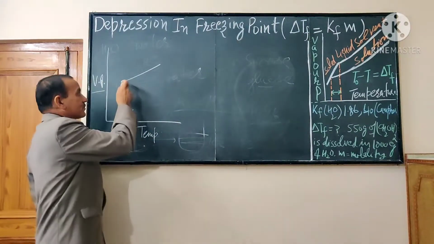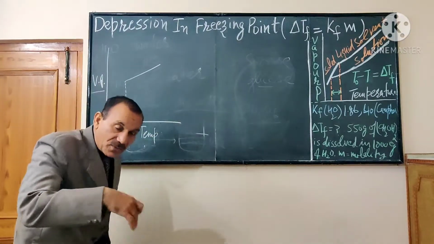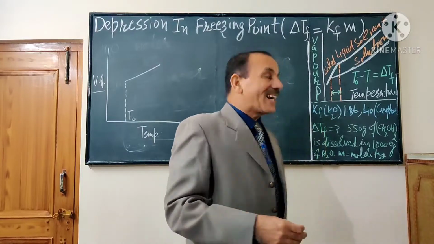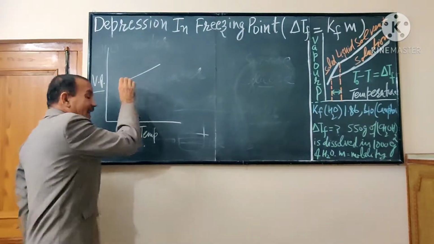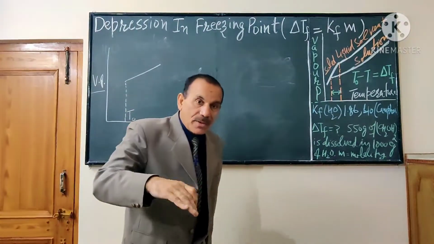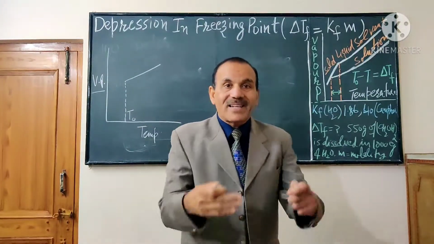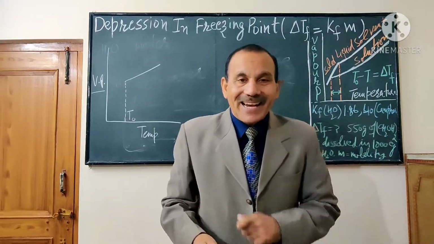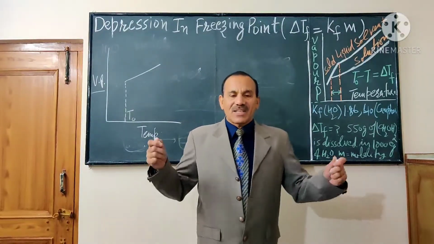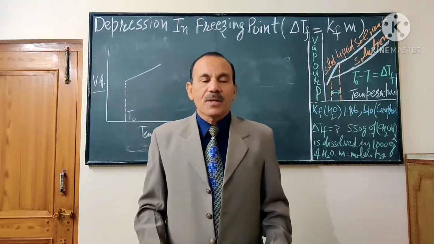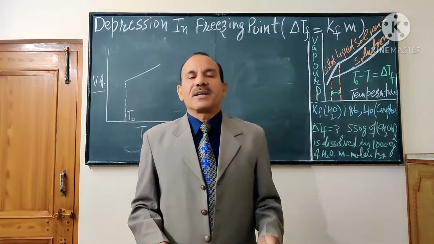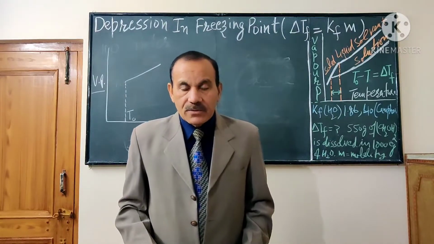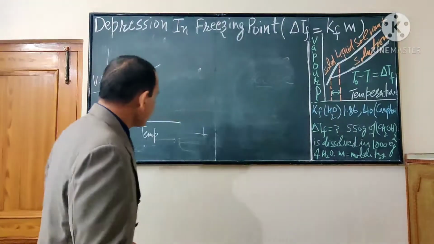At this point, solidification of H2O starts, and ice as well as liquid H2O coexist. These two phases are in equilibrium at 1 atmospheric pressure, and this temperature is taken as the freezing point of liquid H2O, which is known as water.